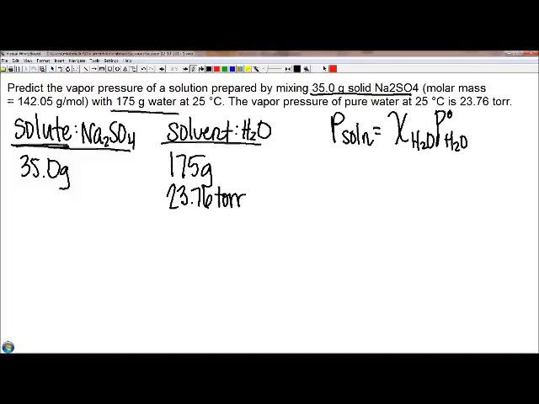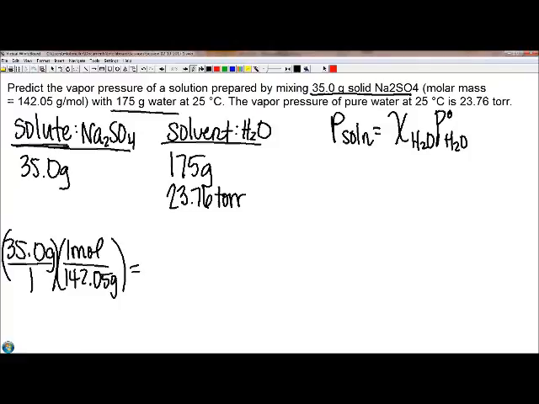For the sodium sulfate, 35.0 grams divided by the given molar mass, 142.05, gives 0.246 moles of sodium sulfate.